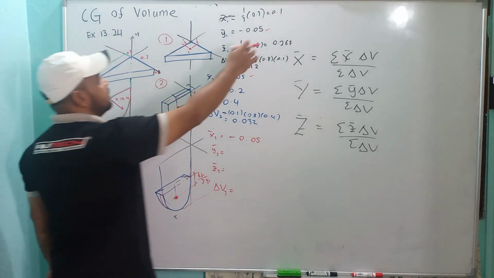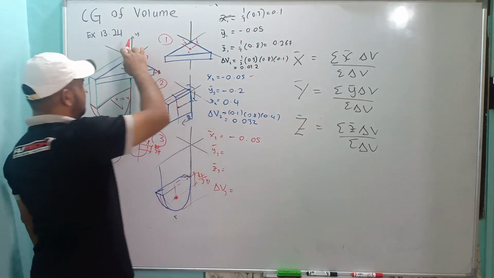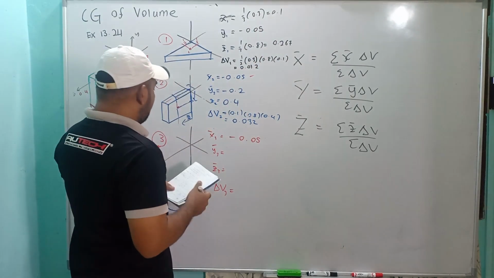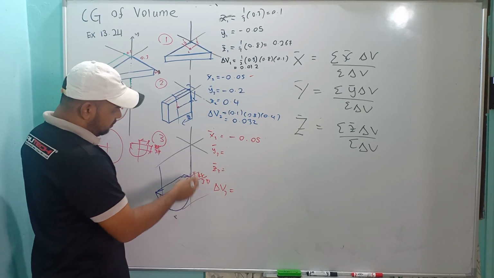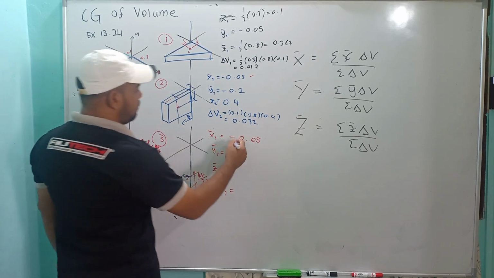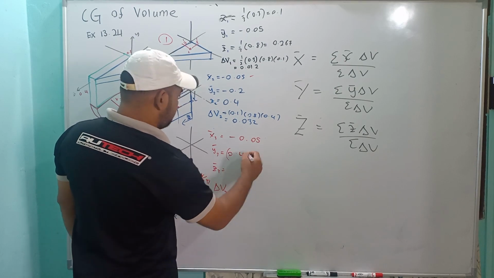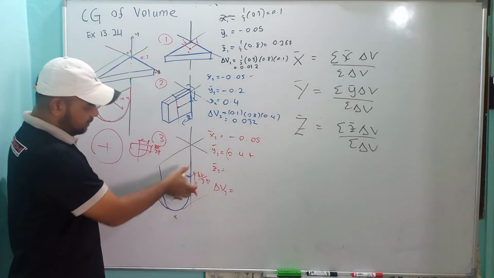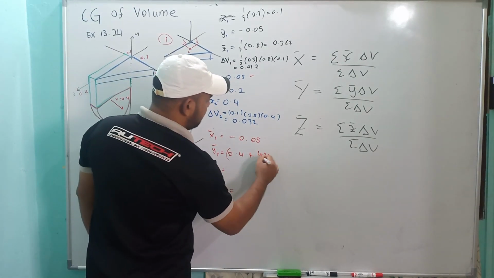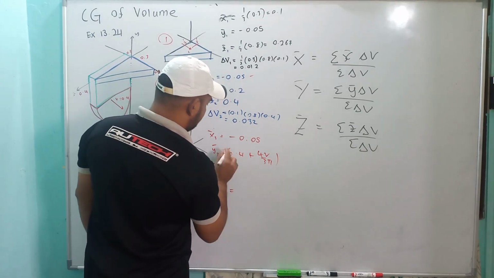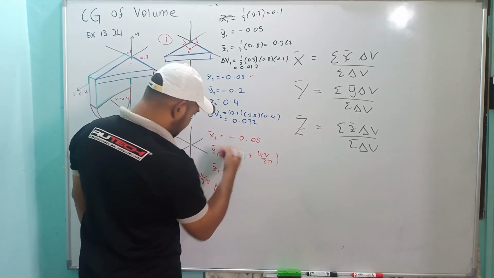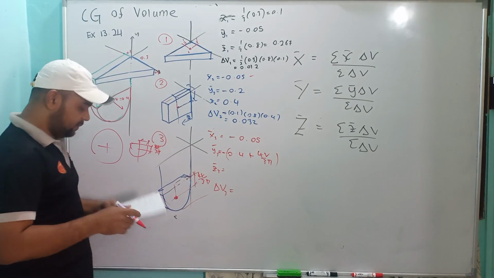This is y bar. So the x bar is here. For y bar, we're going down, so this is 0.4 plus this one, 4r over 3 pi. Everything is going down, so I put negative everything.